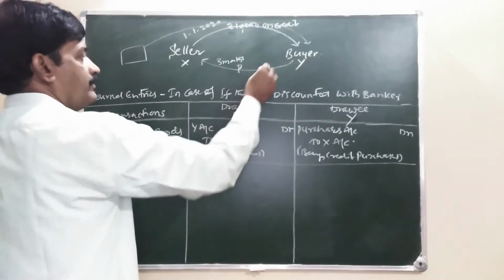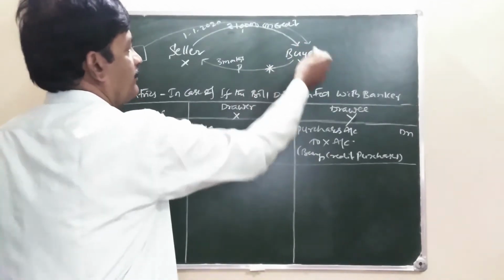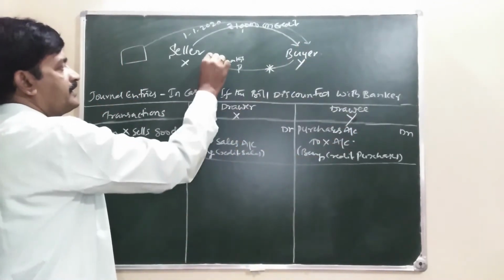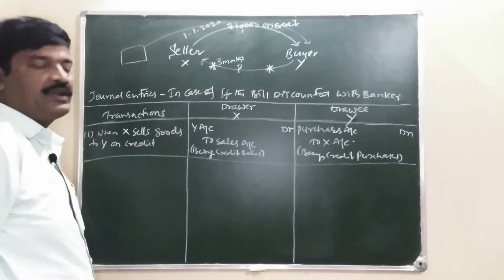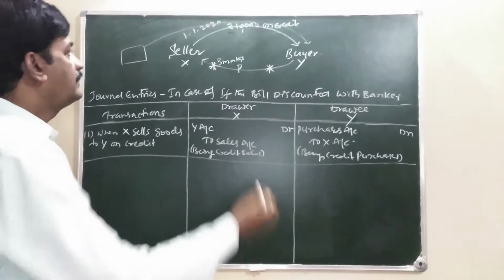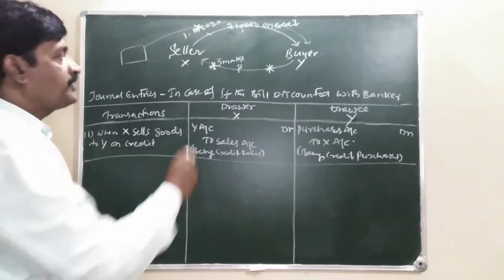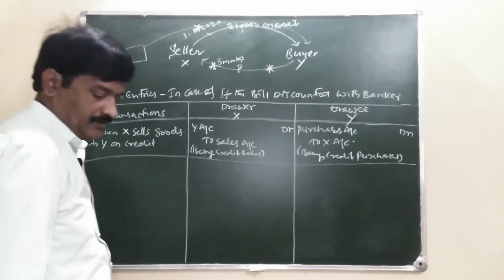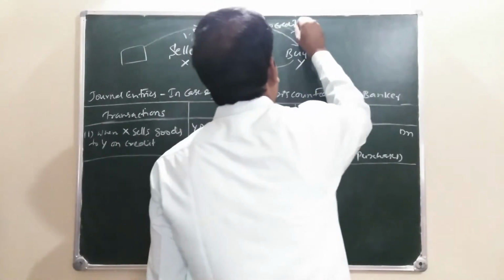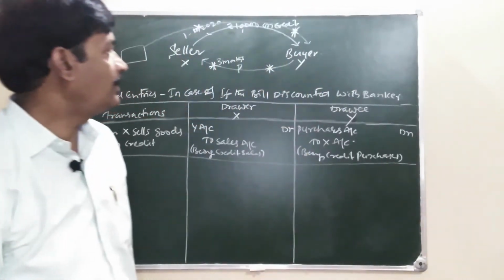For giving the promise, no entry is recorded in the books of buyer. For receiving the promise, no entry is recorded in the books of seller. At the time of sending the draft, no entry is recorded in the books of seller. For receiving the draft, no entry is recorded in the buyer's books.